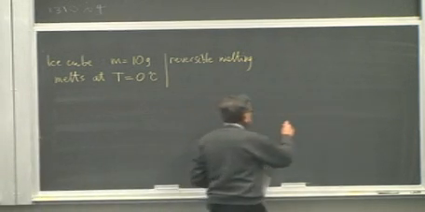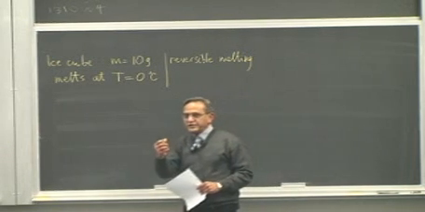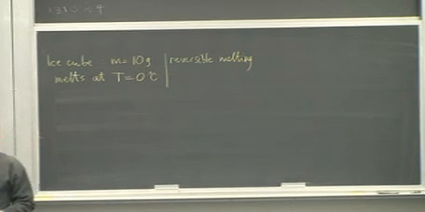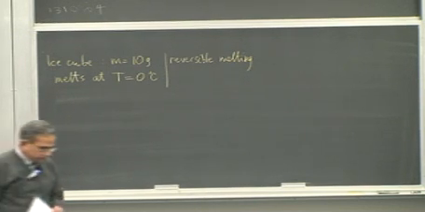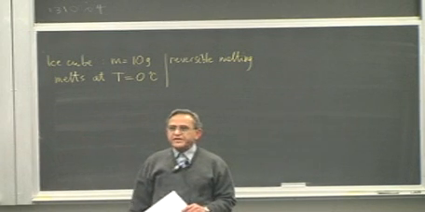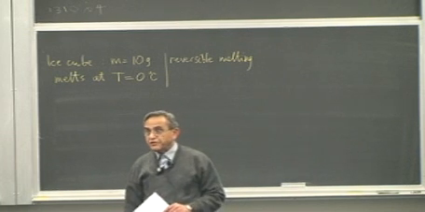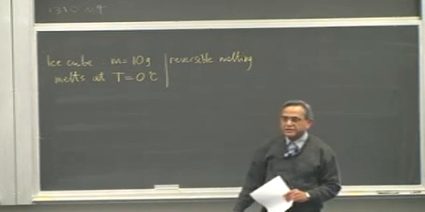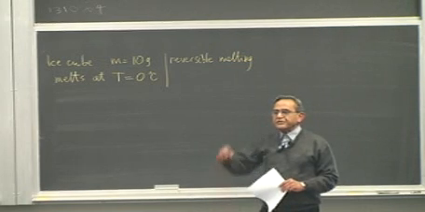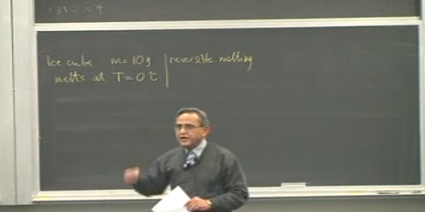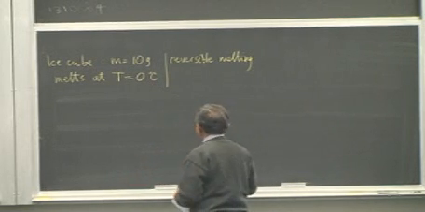Suppose you have this cube and you are trying to melt it, you will have to connect it to a heat bath. And if the difference of temperature is very large, the melting would certainly be irreversible. But if the heat bath is very, very close to 0 degrees centigrade, only very slightly higher, the ice cube will melt because the temperature is over 0 degrees centigrade.